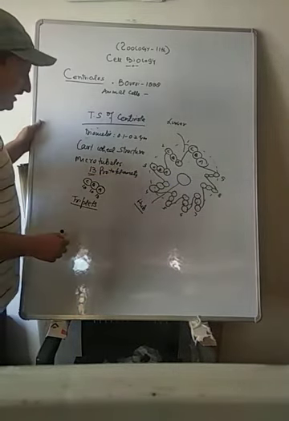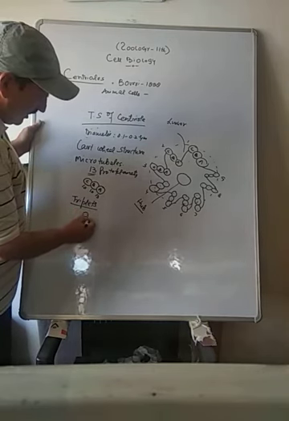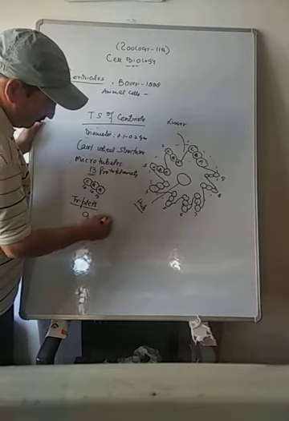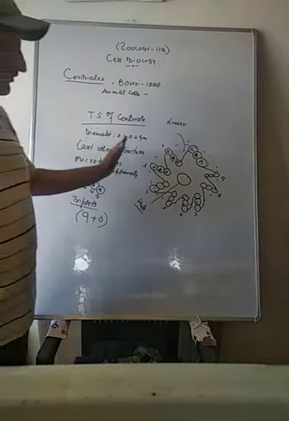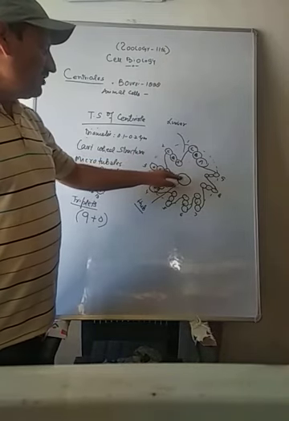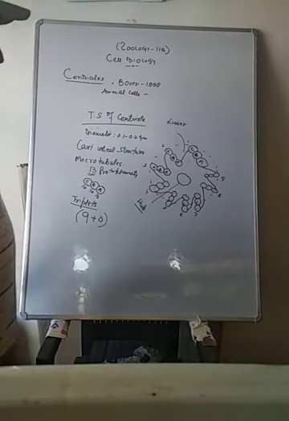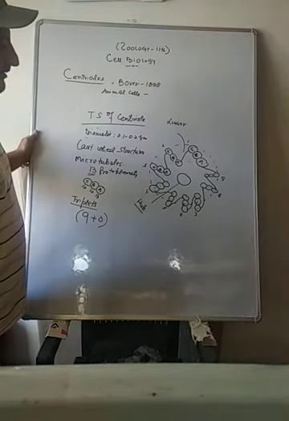We say that the arrangement of microtubules in a centriole is 9 plus 0. You should note it: 9 plus 0. That means 9 triplets on the periphery and no microtubule in the center. Each A is connected with C by AC linkers.